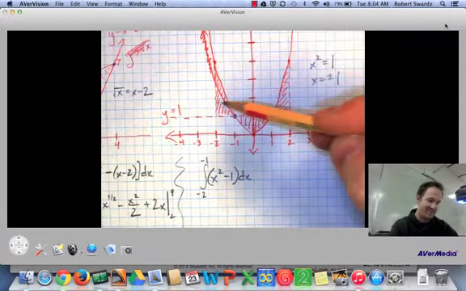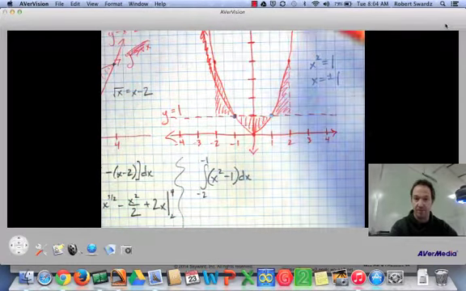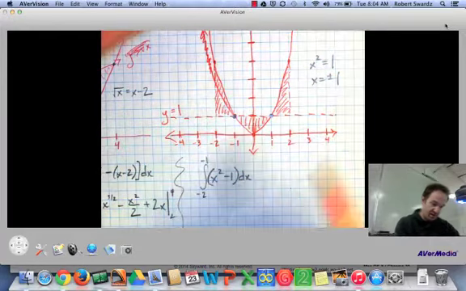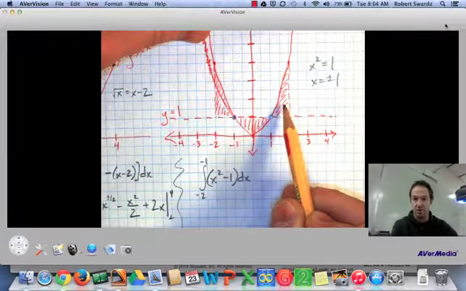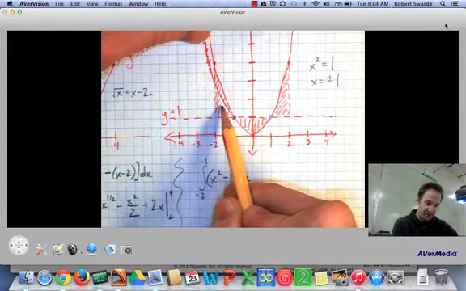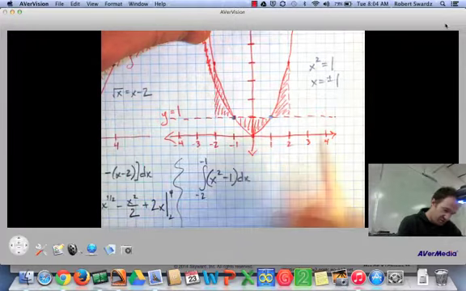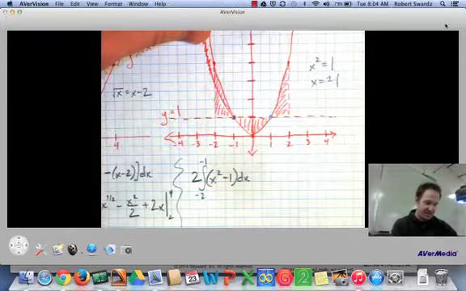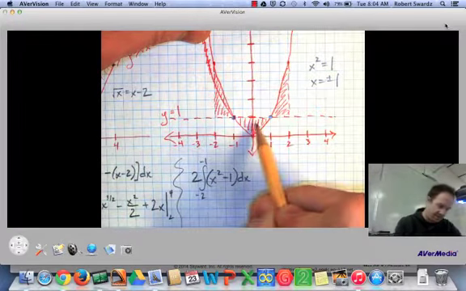These two areas are exactly the same because of the symmetry of a parabola. I could set up a separate integral for this one, but if I know this integral, I can just double it to include this one. So let's just double it. Now that takes care of both of these parts over here. Now all I've got to deal with is this.